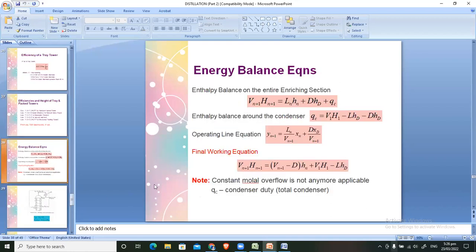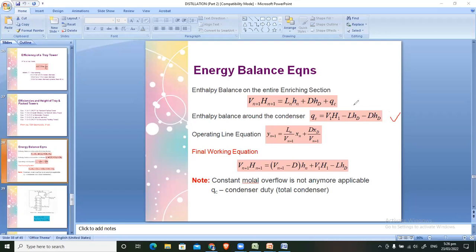As for the reboiler and condenser duties, this one is found in McCabe. Now, I'd like to zero in on this particular formula, the condenser duty, using the enthalpy of the vapor leaving the top plate and the enthalpy of the distillate. Same here, it's the enthalpy of the distillate.